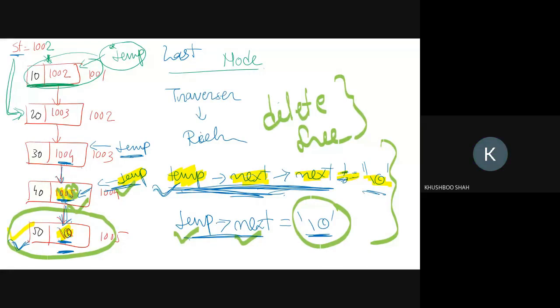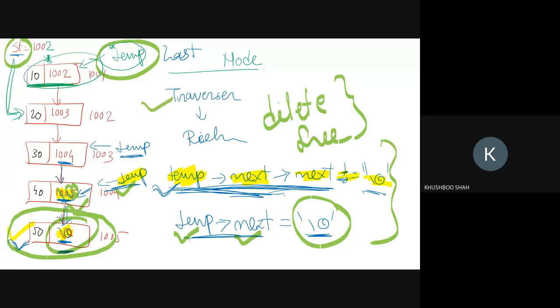Every time you work with the linked list, the important things are: start is essential, temp is essential, and null is essential. Always keep in mind, whatever the operation is, insertion, deletion, any, you always need to traverse the linked list.